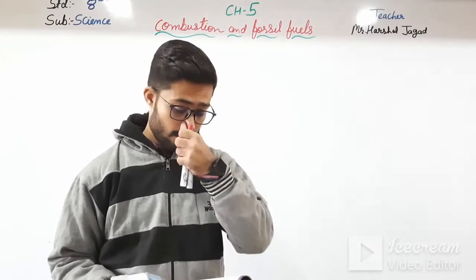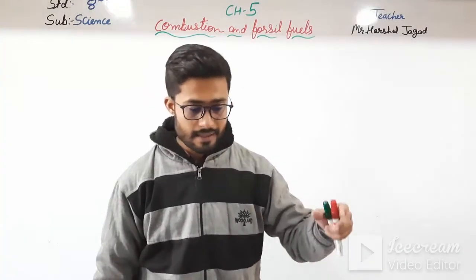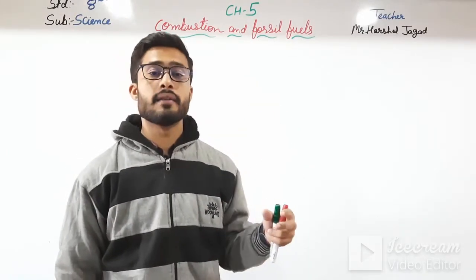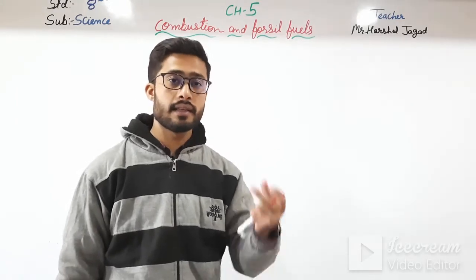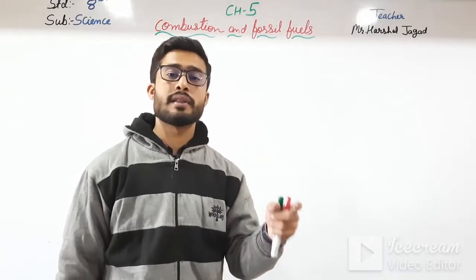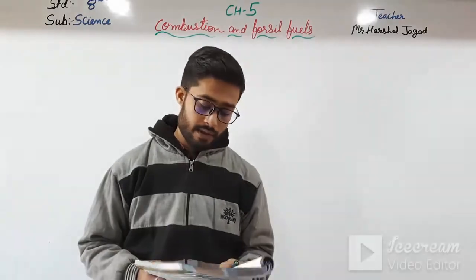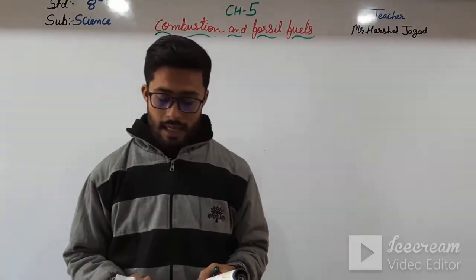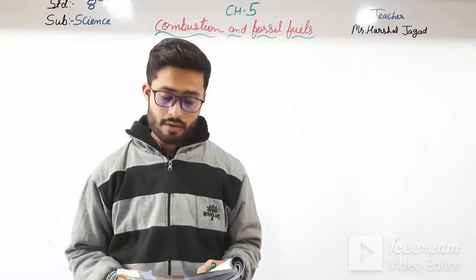We covered the candle with the inverted glass, and only up to the oxygen inside that glass will the candle burn, and then it will blow out. As soon as the oxygen is used up, the candle will blow out.